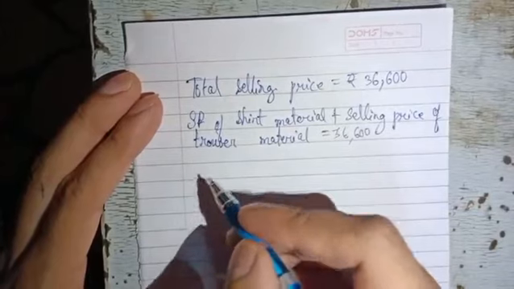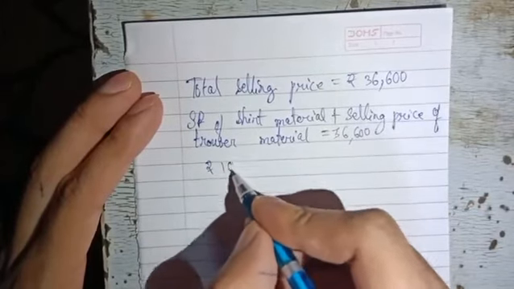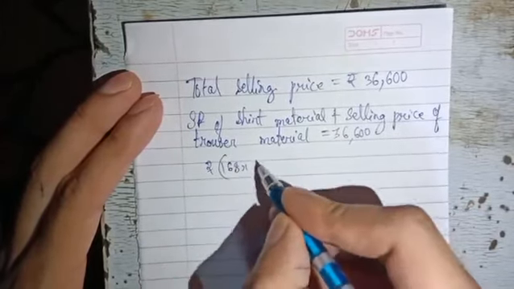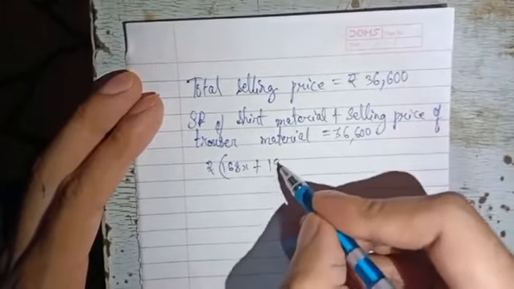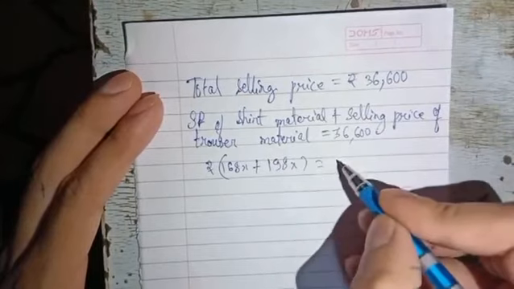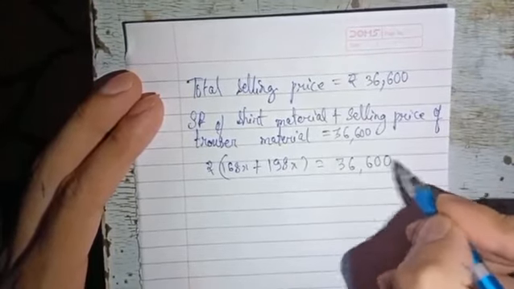Now selling price of shirt material was rupees 168x plus selling price of trouser material is rupees 198x, and it is equal to 36,600.